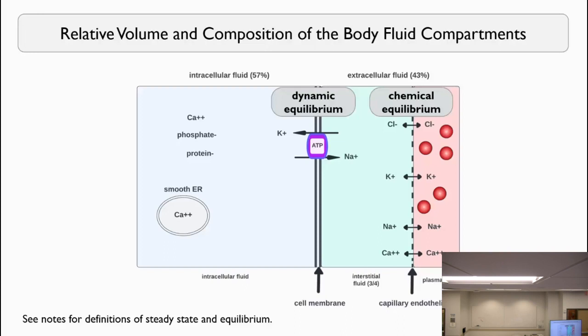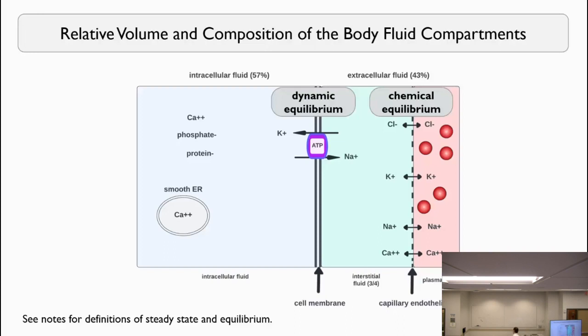Now, what is important to understand from this slide? These two compartments here, the plasma and the interstitial space, they are in what we call chemical equilibrium. Okay, the chemicals, the electrolytes, if you compare the concentration, they're almost the same. Okay, there is a small difference.